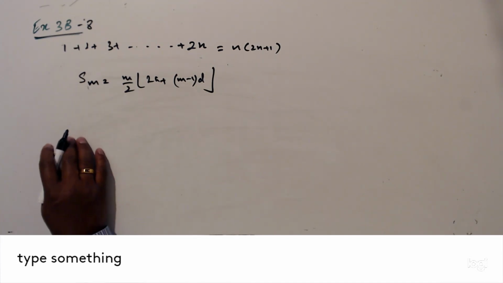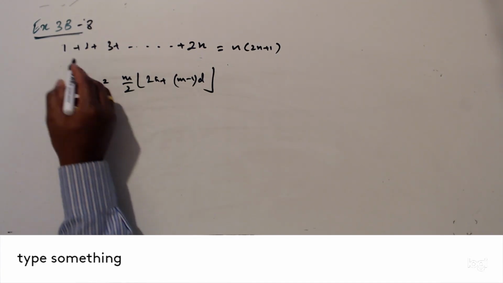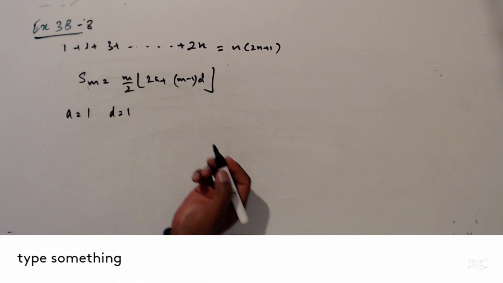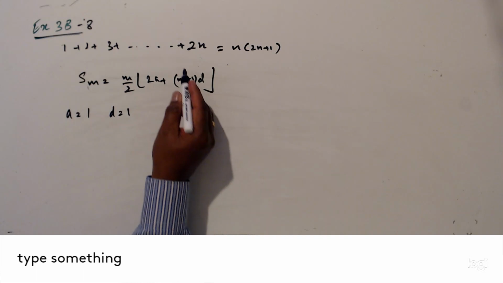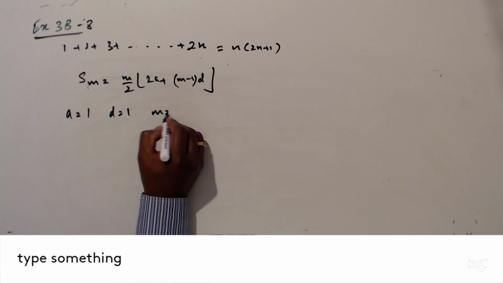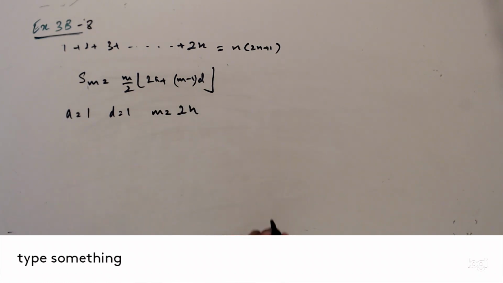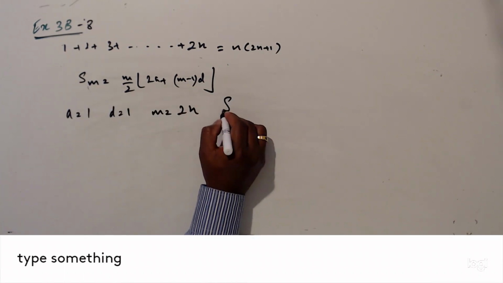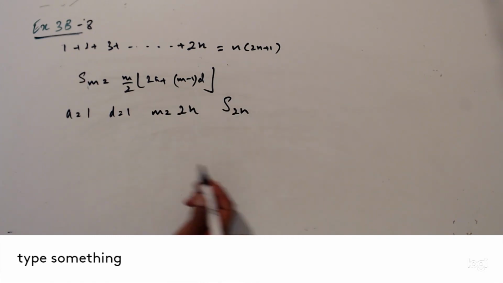Now with this natural series, a equals 1, d equals 1, and we need to find the addition of 2n terms. So we apply this formula because we need S2n.